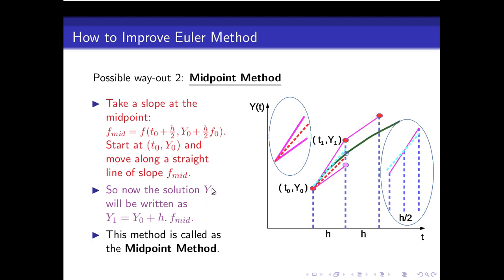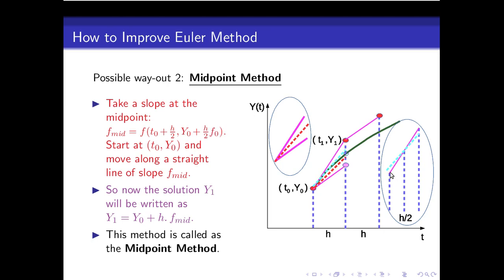So now the solution y1 will be written as y1 is equal to y0 plus h into f mid. What is f mid? We have written this f mid explicitly. Carefully see that function of t0 plus h by 2, and y0 plus h by 2 f0. Why h by 2 f0?